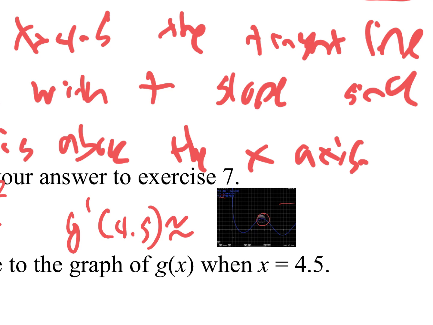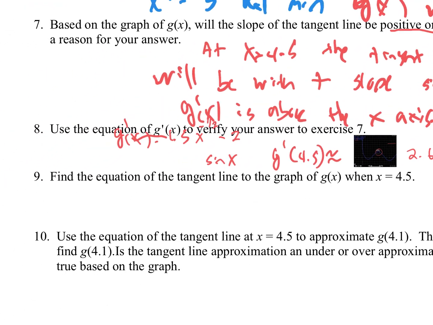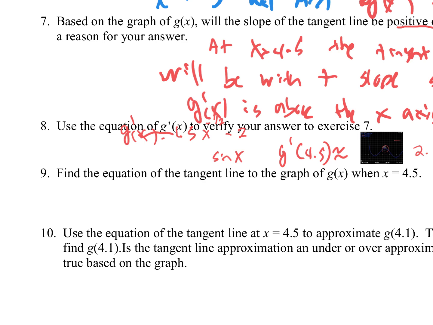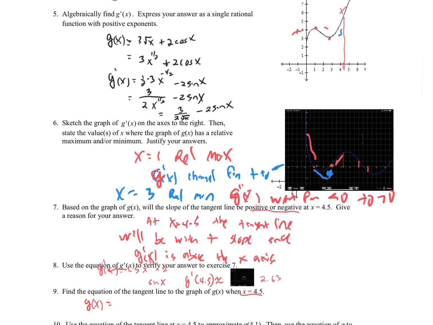It was approximately 2.63. Find the equation of the tangent line to the graph at x equals 4.5 of the function. Well, g of x is equal to, let me go back up and look at the original problem, was 3 square roots of x plus 2 cosine of x.